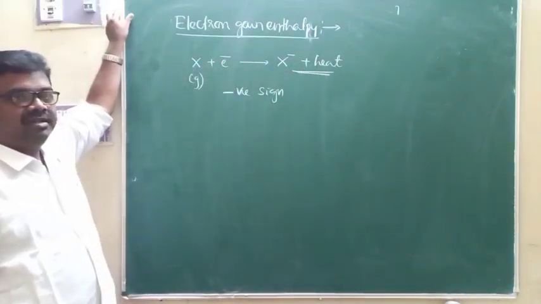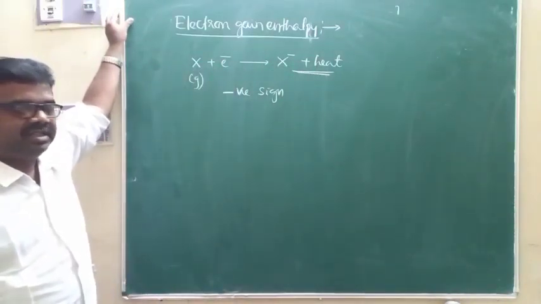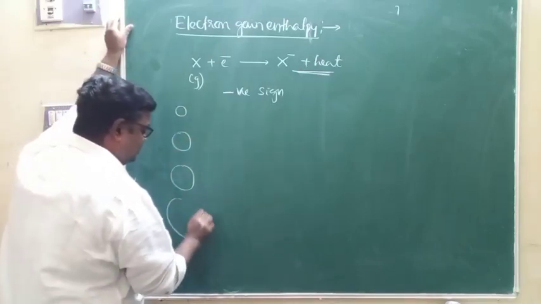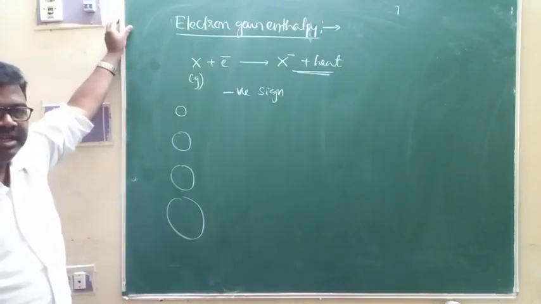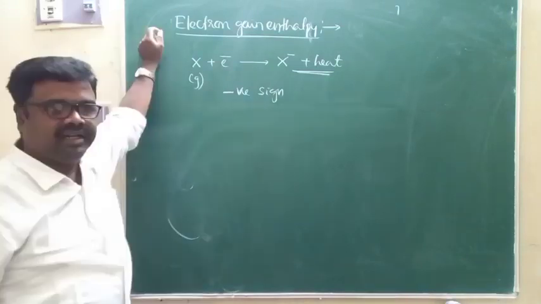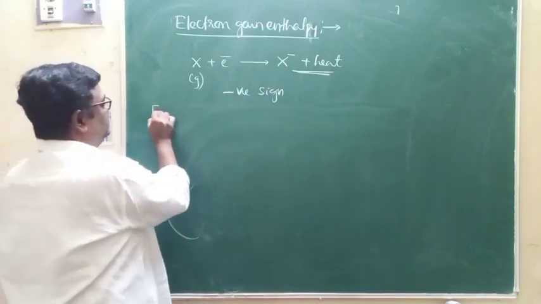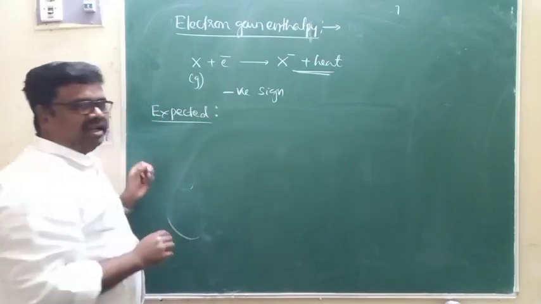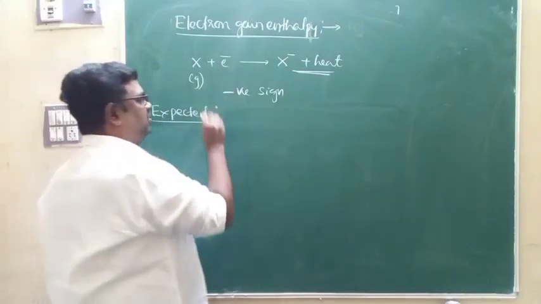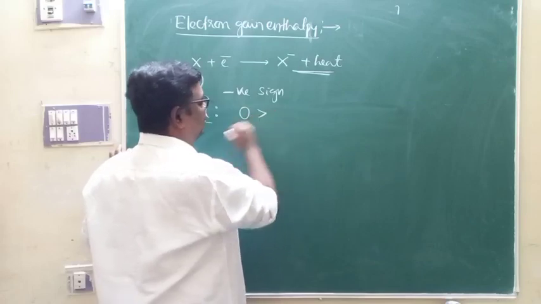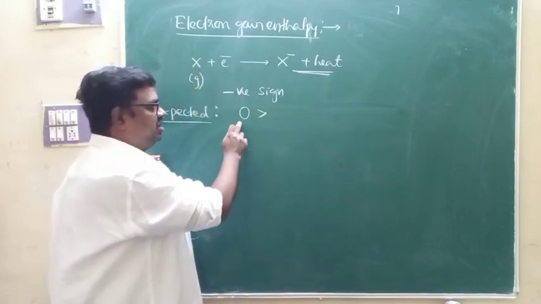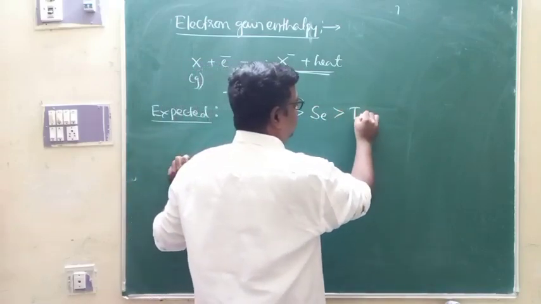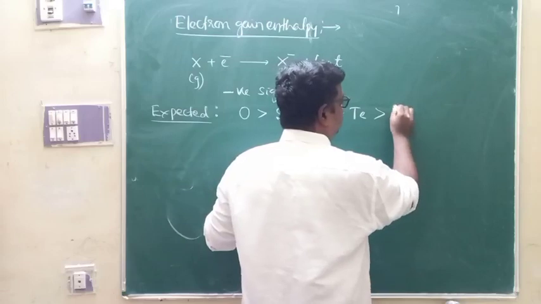And as far as the variation of electron gain enthalpy is concerned, as the size of the atom increases, electron gain enthalpy decreases. Therefore, the expected trend in the variation of electron gain enthalpy of group 16 elements is oxygen greater than sulfur, sulfur greater than selenium, selenium greater than tellurium, tellurium greater than polonium.